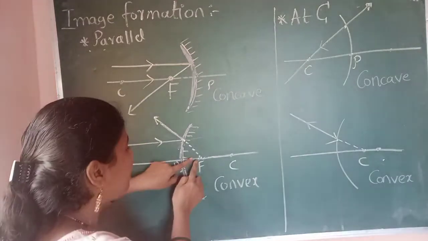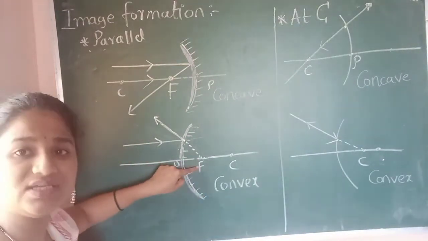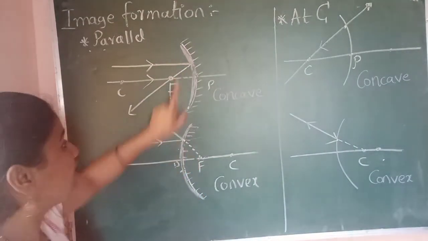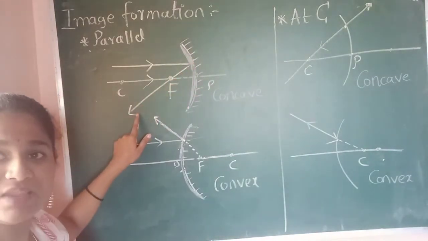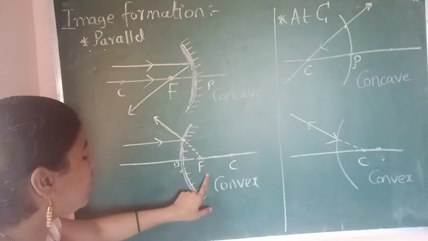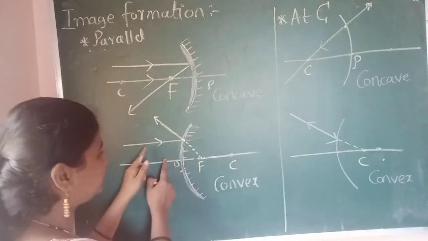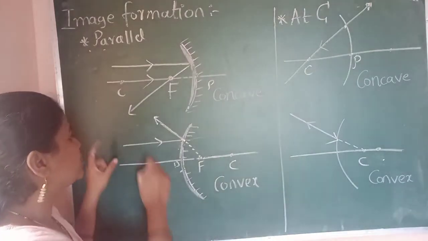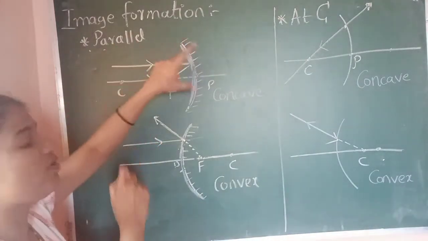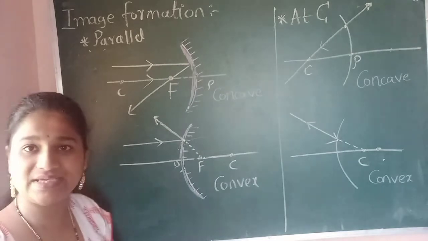Here in the concave mirror, the ray passes through the focus, but in convex, it appears to come from the focus of the convex mirror. So this is when a parallel beam of light is incident on spherical mirrors.